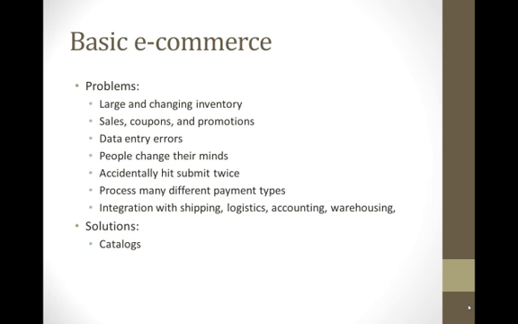Well, if you put it online, you want to have a catalog of all your products. But you want to do more than just put the products out there. You also want to give prices and information about sales and about promotions.